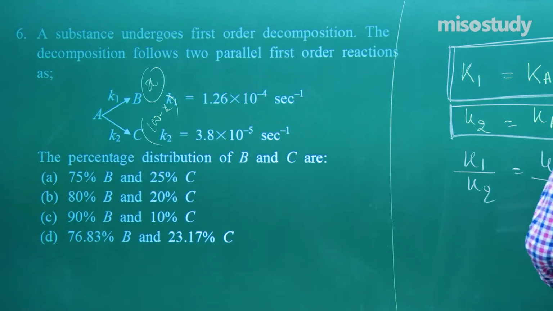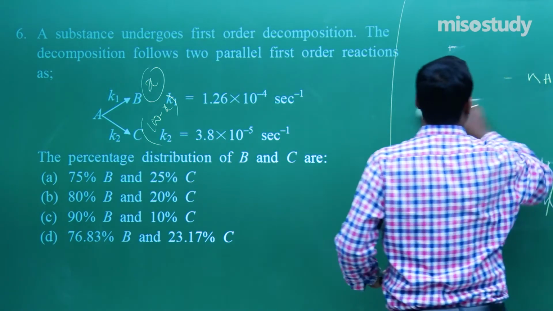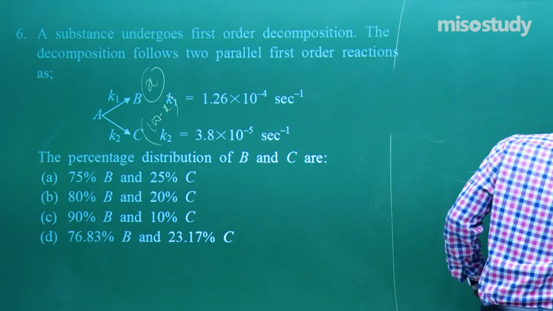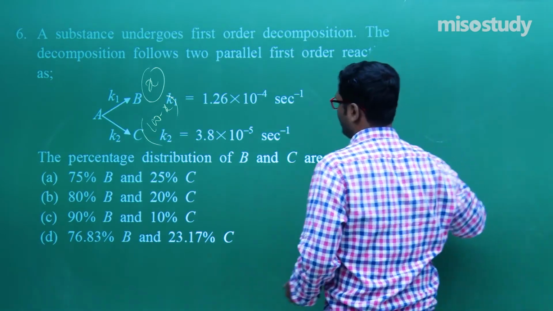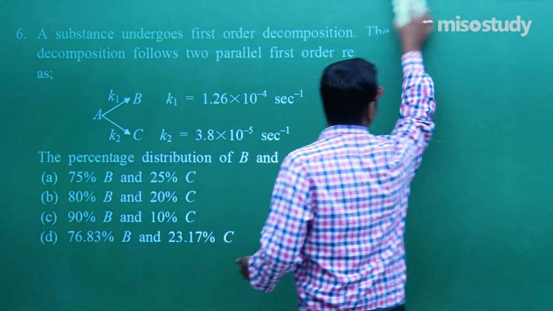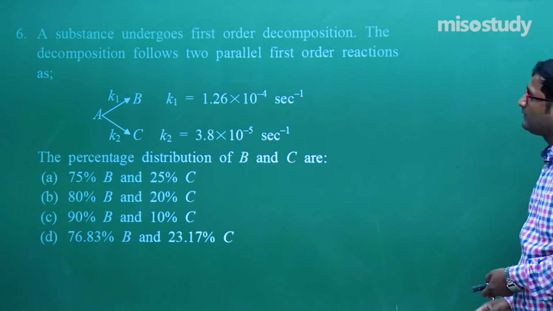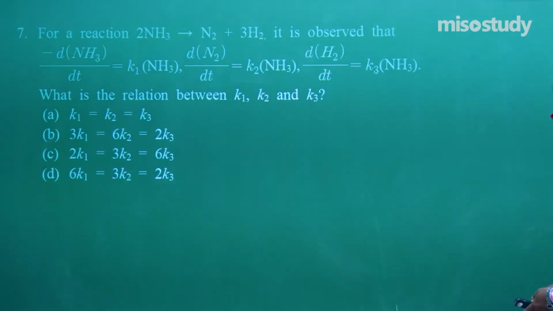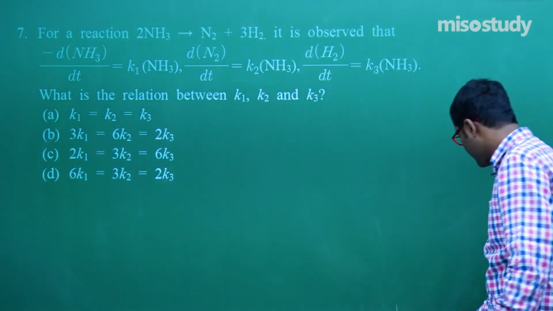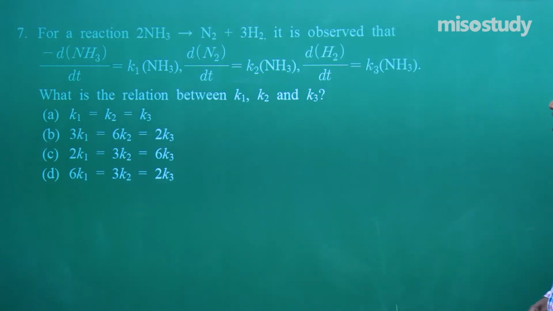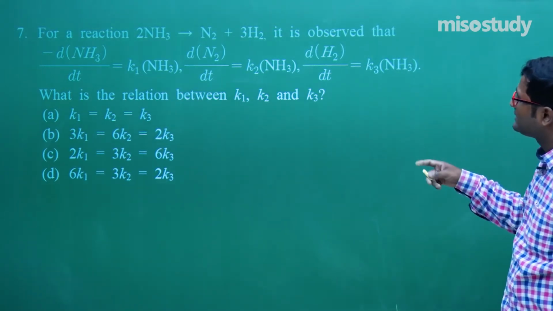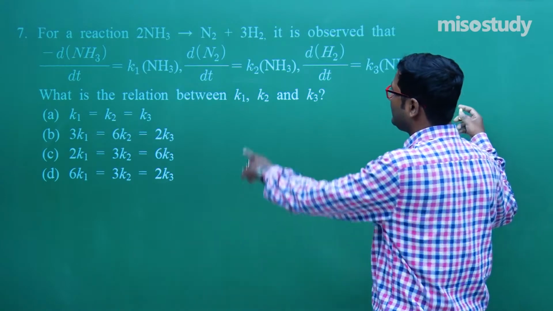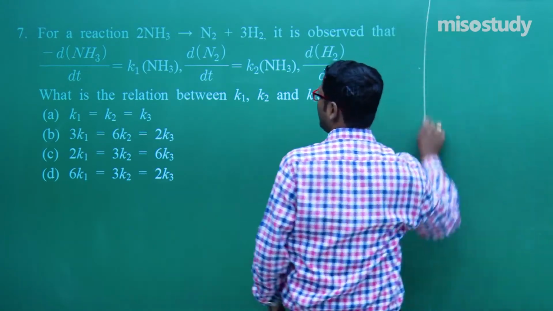Wait for a moment. Now let's move to question number 7. This is one of the simplest questions. Now how to solve such a question? Check it out. For the reaction 2NH3, the reaction and the relation are given here.